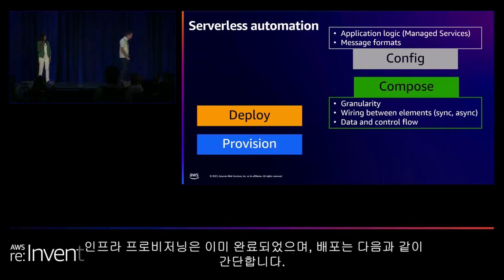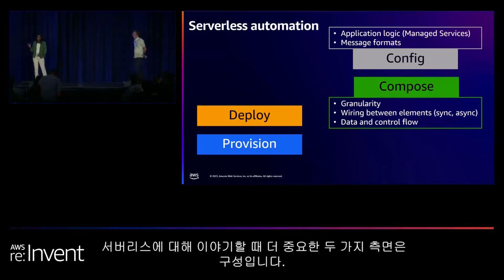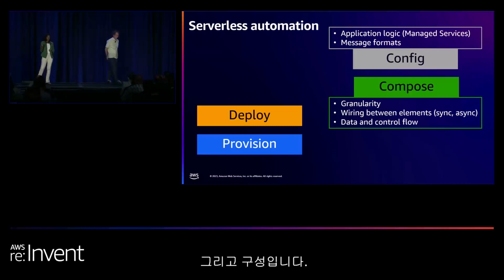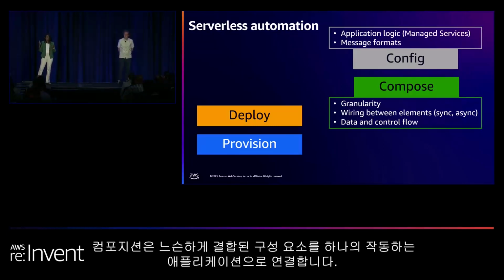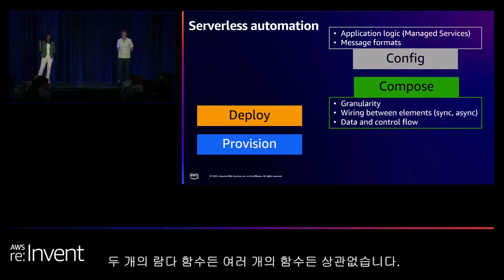Infrastructure provisioning is already done for you, and deployment is as easy as placing your zip file in a bucket. So when we talk about serverless, the 2 aspects that become more important are composition and configuration. Composition connects loosely coupled components into a single working application. It's also very closely related to granularity, whether you wrote 2 Lambda functions or a bunch of functions.